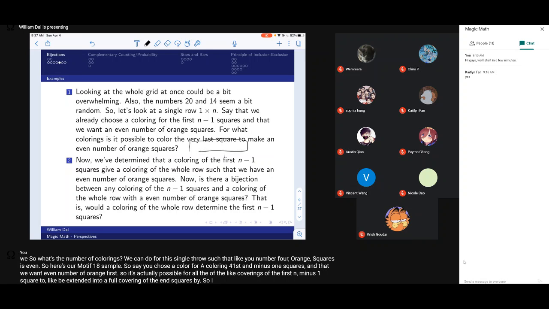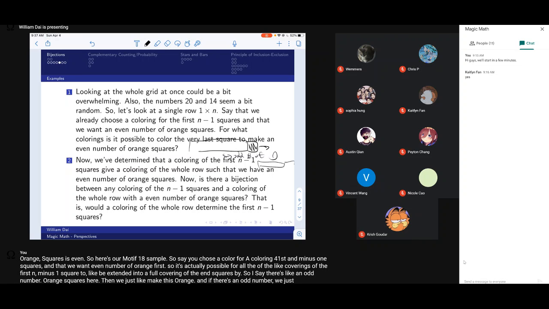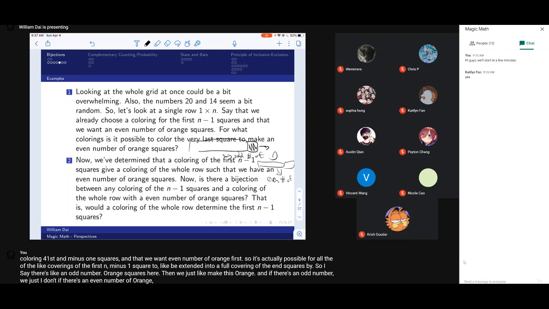Say there's an odd number of orange squares here, then we just make this orange. And if there's an even number of orange, we don't do anything.